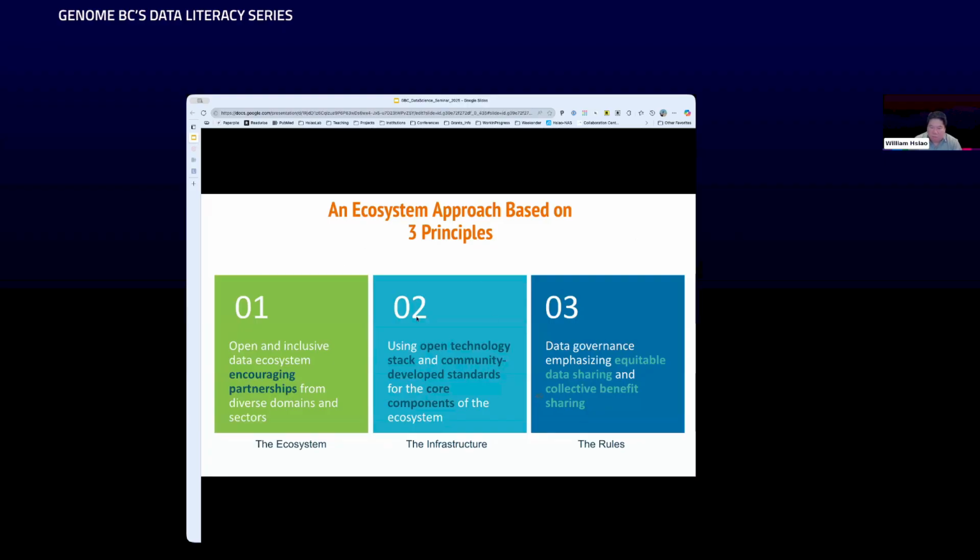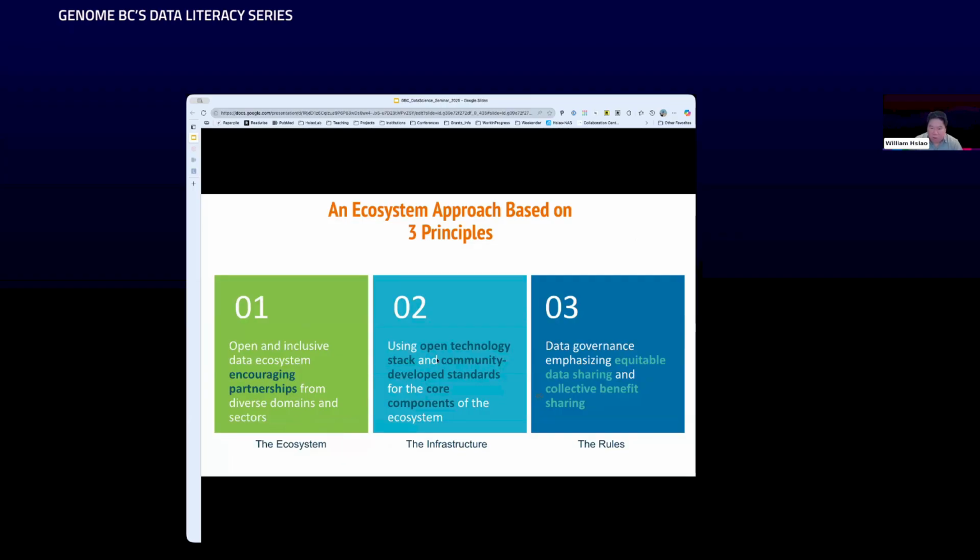So to end, we propose this ecosystem approach based on three principles. And actually, some of you may know this approach. We propose it for an agri-food system, actually, but it's equally applicable here in public health. So the ecosystem should be open and inclusive, and encourage partnerships from diverse domains and sectors.